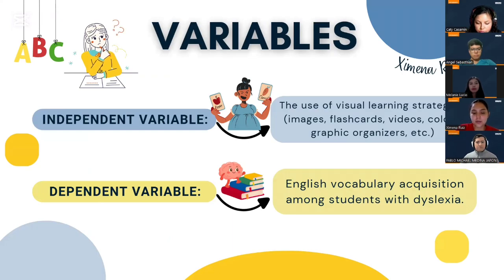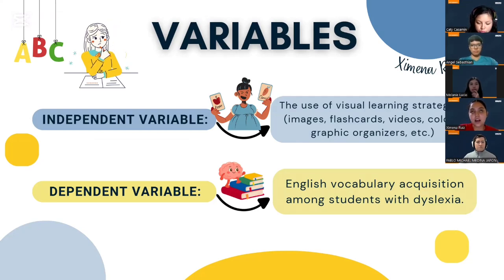In this research, there are two main variables. The independent variable is visual learning strategies. These include the use of images, flashcards, videos, graphic organizers, colors, and other visual materials that support the learning process. These strategies are used to help students understand and remember vocabulary more easily. The dependent variable is English vocabulary acquisition in students with dyslexia.